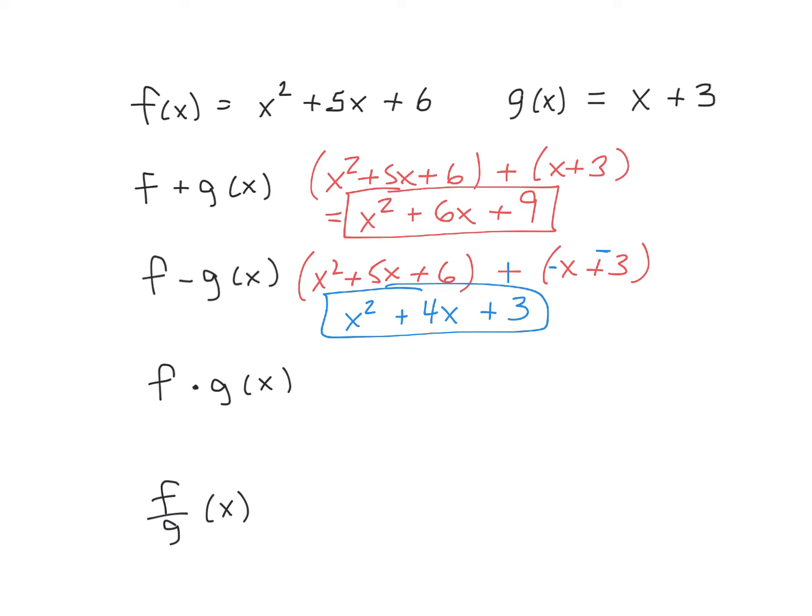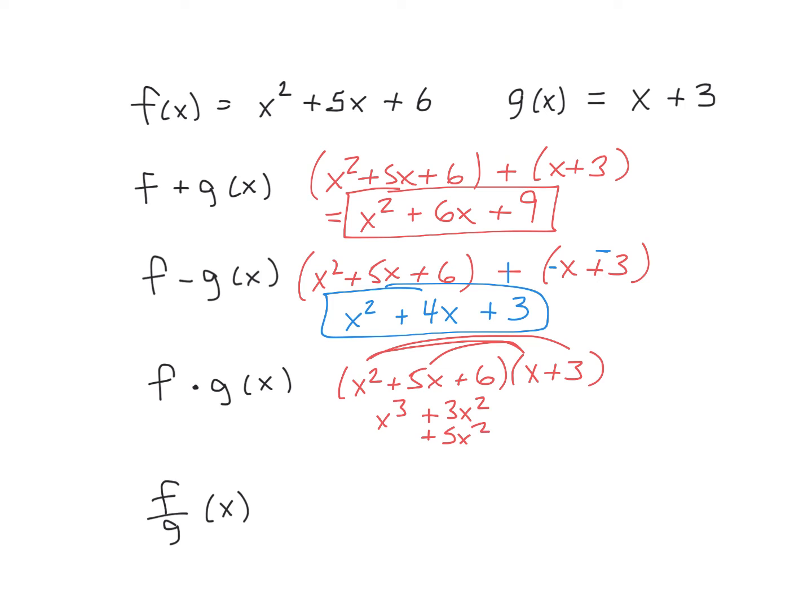Multiplication. So now we're taking a quadratic, which has 3 terms, times x plus 3. So now distributing, I'd have x cubed plus 3x squared plus 5x squared.